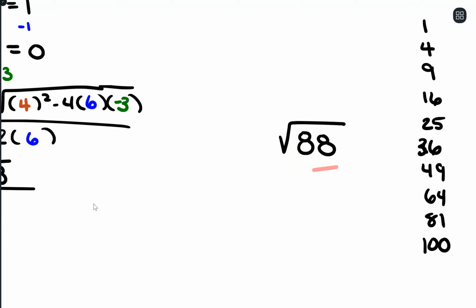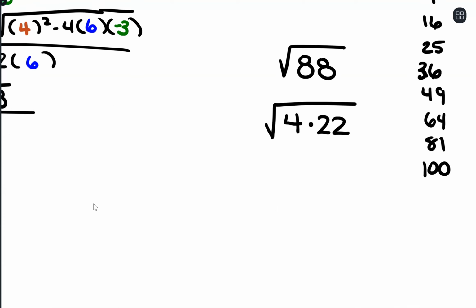Okay. So having this list of perfect squares can be helpful because if we want to simplify this, we want to see if this is divisible by any of our perfect squares. So 88, what I'm thinking is I can divide a 4 out of that. So I can express the square root of 88 as the square root of 4 times 22. Then I would just look at that 22 and see, are there any other perfect squares that go into it? Which there are not.